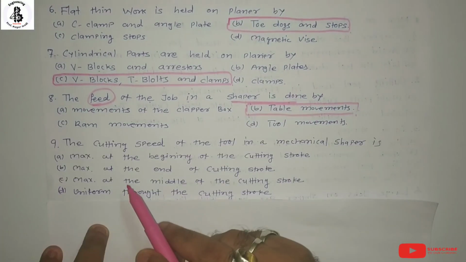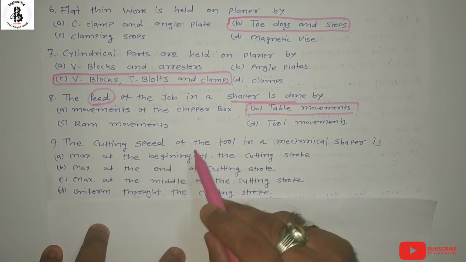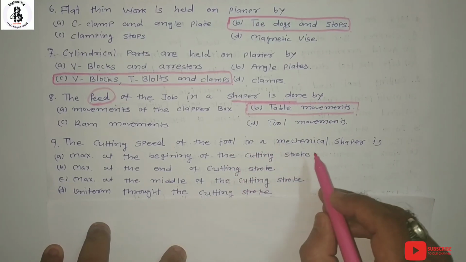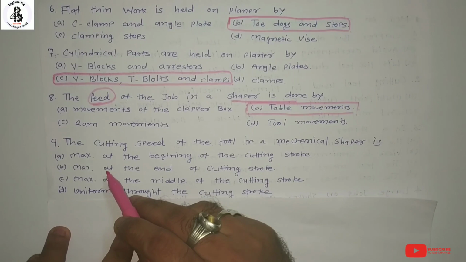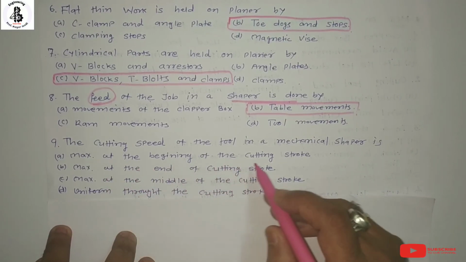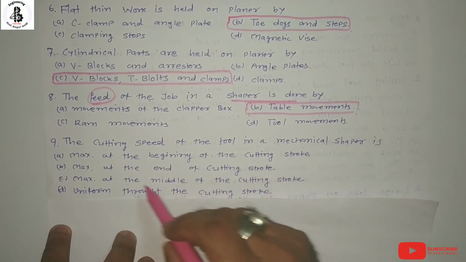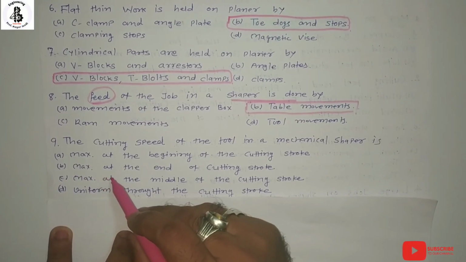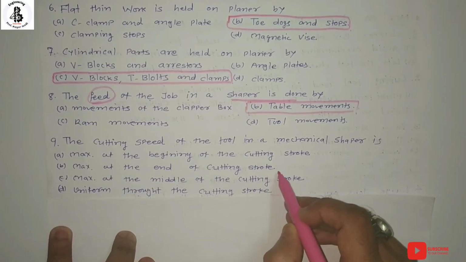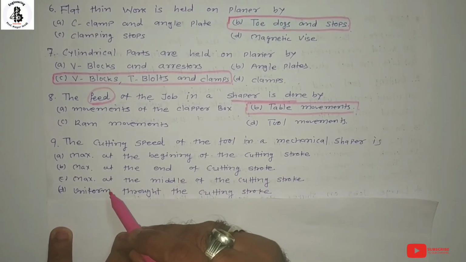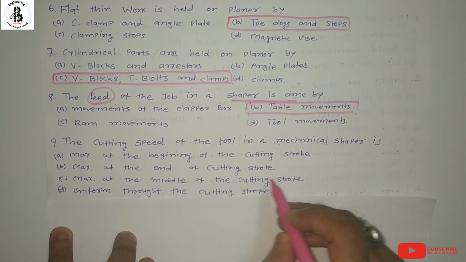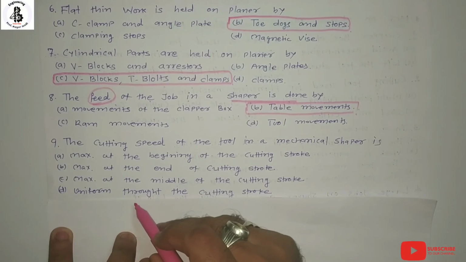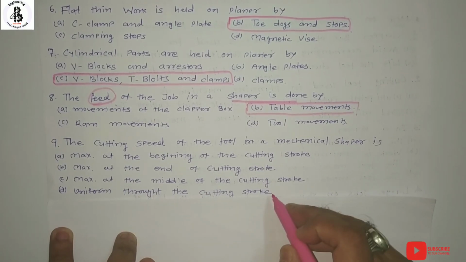Then next, the cutting speed of the tool in a mechanical SHAPER is option A, maximum at the beginning of the cutting stroke, option B, maximum at the end of the cutting stroke, option C, maximum at the middle of the cutting stroke, and option D, uniform throughout the cutting stroke.